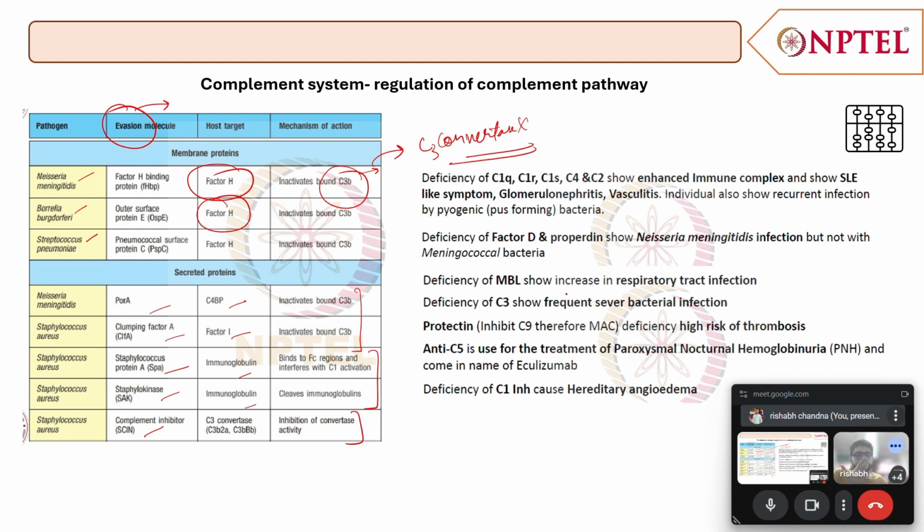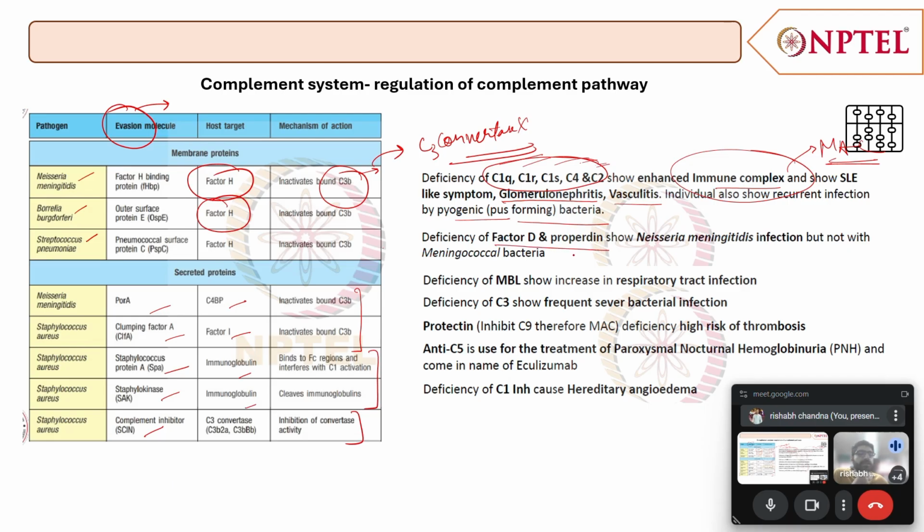Now deficiency of either of these complement proteins shows enhanced immune complex formation and SLE-like symptoms, glomerulonephritis and vasculitis. Individuals also show recurrent infection by pyogenic, that is pus forming, bacteria. That means the formation of the membrane attack complex is affected, and this can lead to certain diseases.